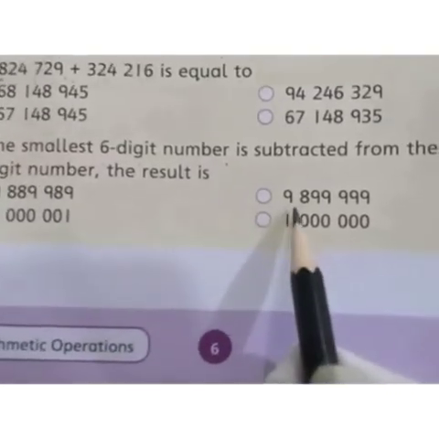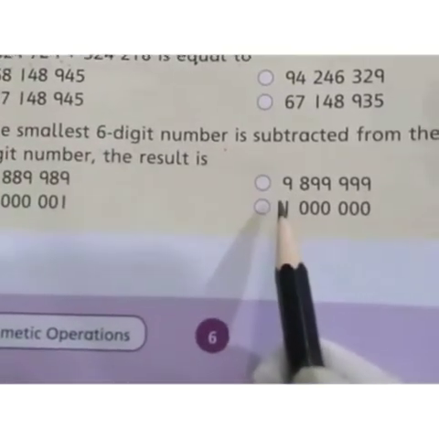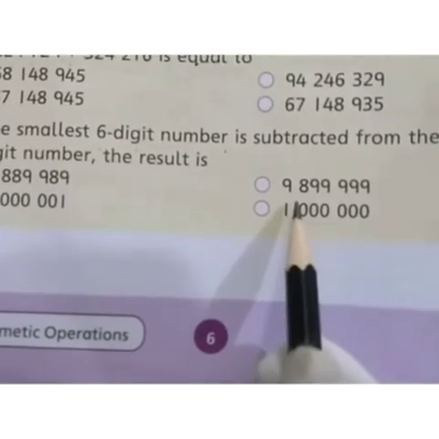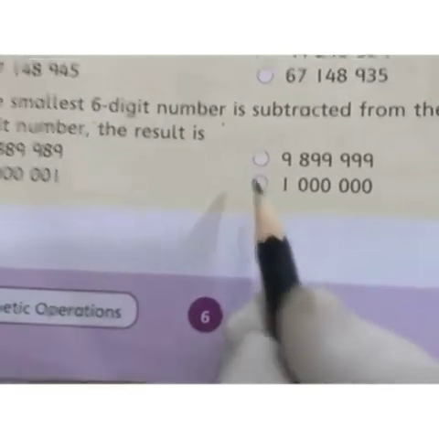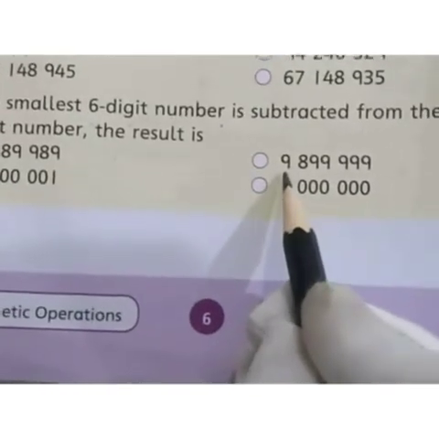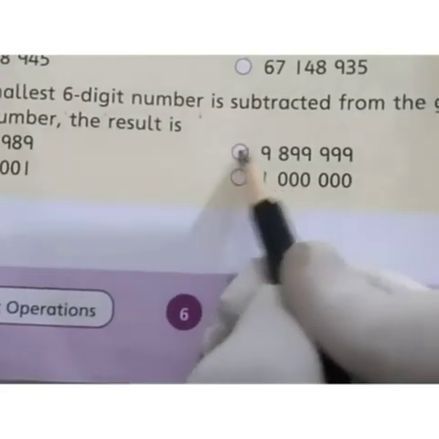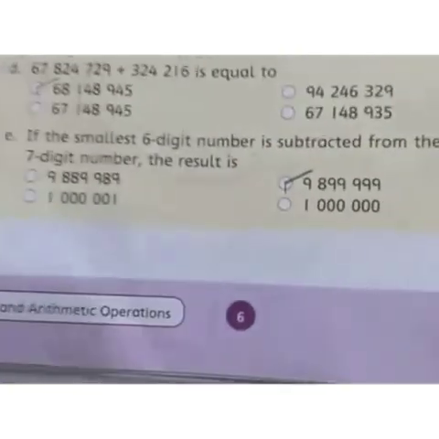Look at the number. It is the greatest 7-digit number and we subtract 1 from this and we got the answer. The answer is 9899,999 and it is the right answer.